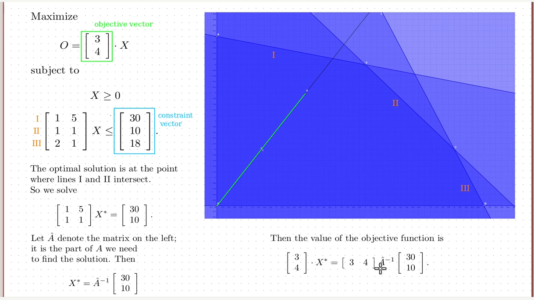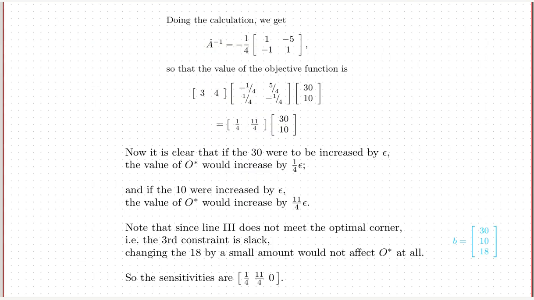Let's figure out what A hat inverse is going to be, and then we can multiply this stuff out here and see what the formula actually looks like. Okay, so doing the calculation for A hat inverse, I'm just using the formula you learned probably back in high school: 1 over AD minus BC times the matrix where you rearrange the entries in A. You exchange these two corners and change the signs of these two corners.